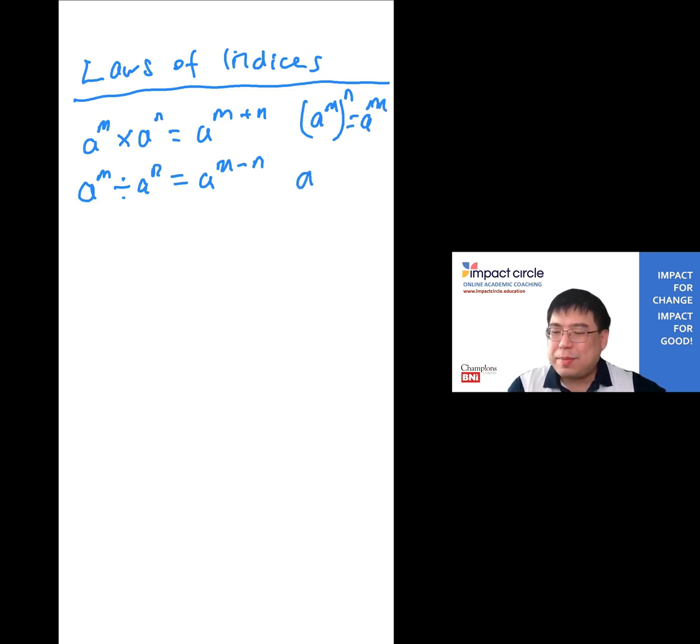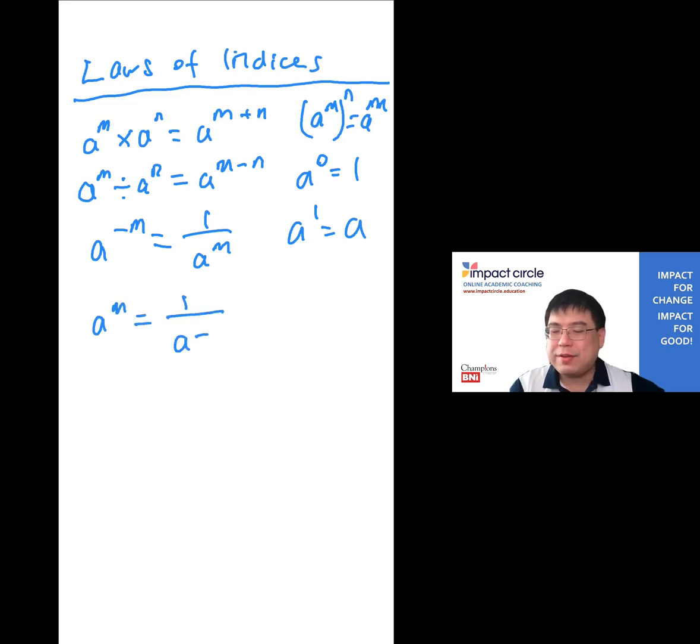We have a to the power of 0 equals 1. We have a to the power of 1 equals a. And we have a to the power of negative m equals 1 over a to the power of m. Similarly, a to the power of m is also 1 over a to the power of negative m.